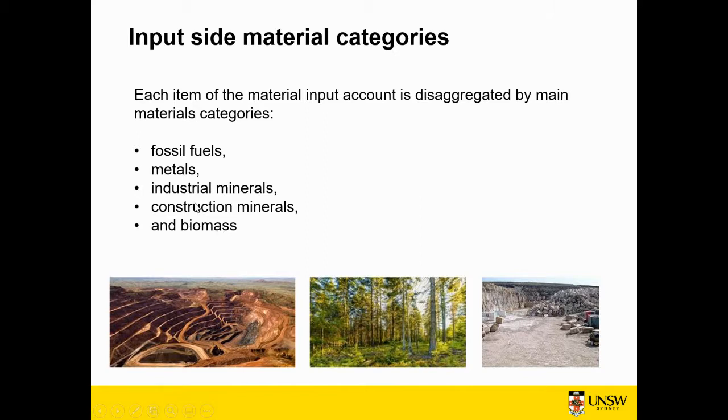So these are the main categories that people normally break down. So they try not only to characterize the total mass of materials extracted from the environment, but to understand which types of materials are being extracted and exchanged between economies.